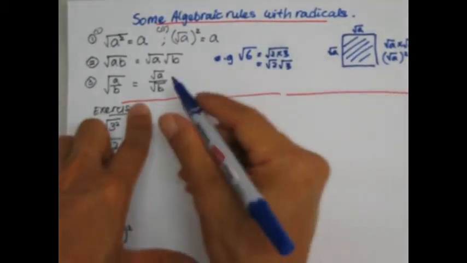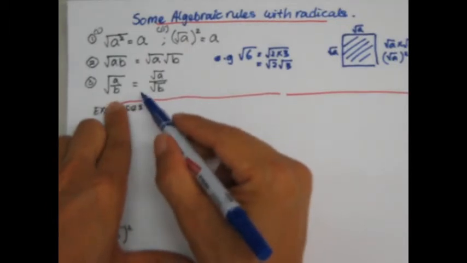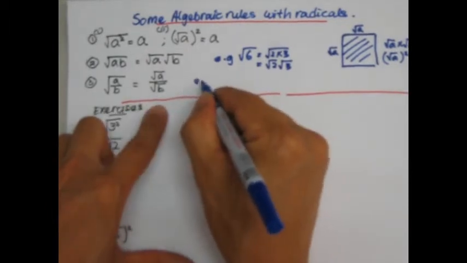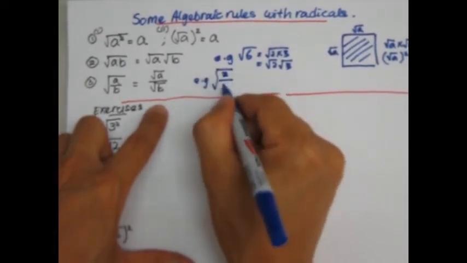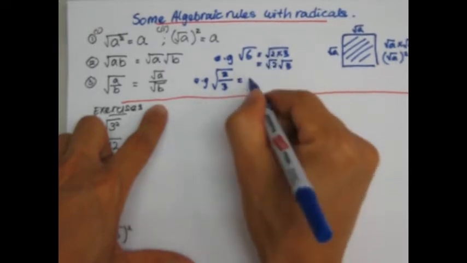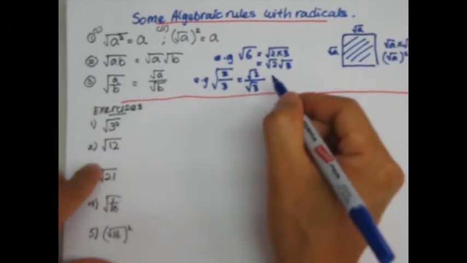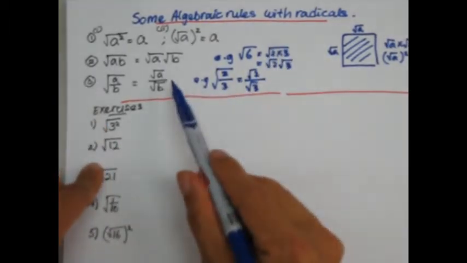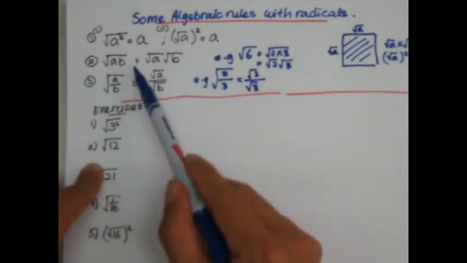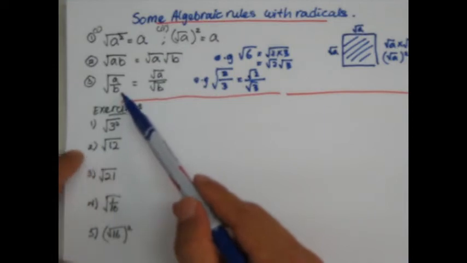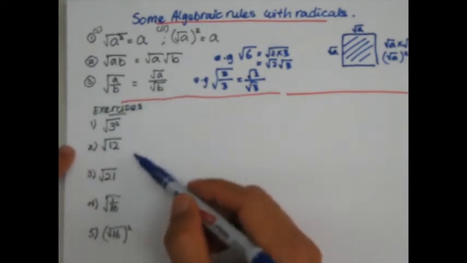Similarly with a fraction: square root of 2 over 3 is equal to square root of 2 over square root of 3. So the radical can be distributed to the terms in the product or in the fraction. Applying these rules, let's see what we can do with these exercises.